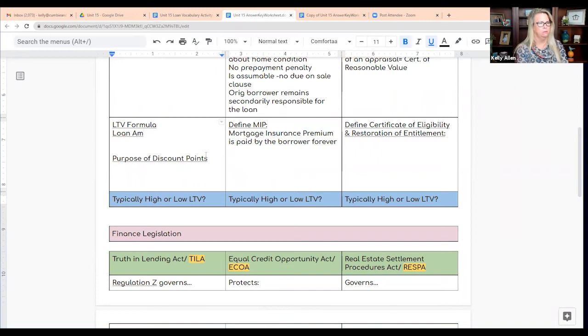No, I'm wrong. The LTV formula, I was doing PI by accident. The LTV is going to be a percent, so usually a 2-digit percent, of the contract price, equals the loan amount.